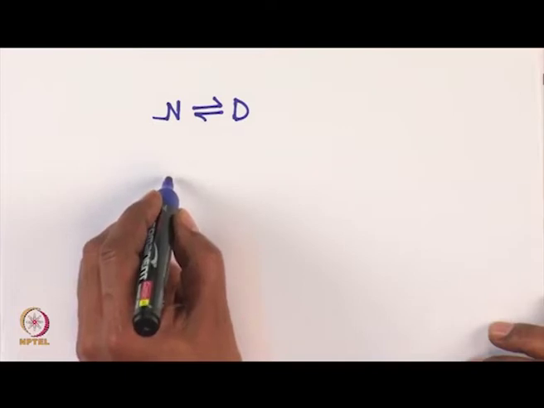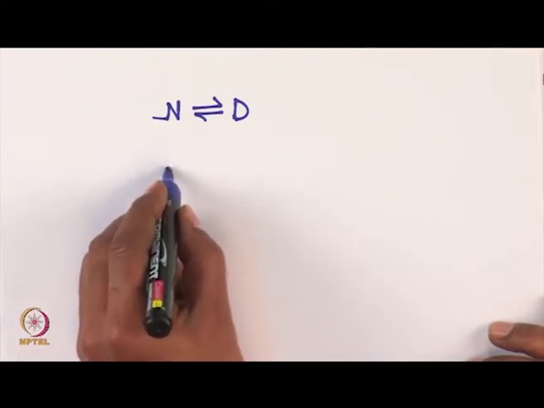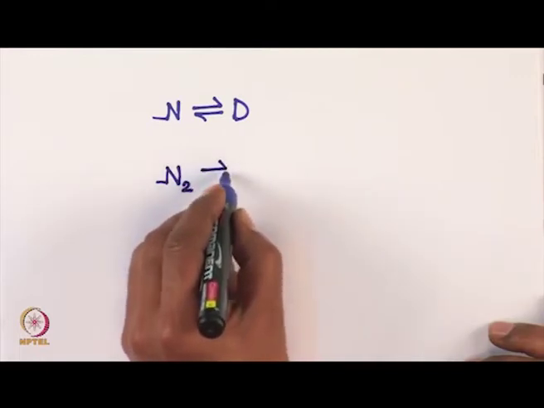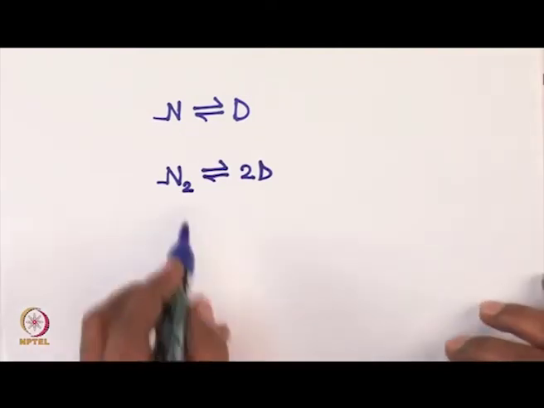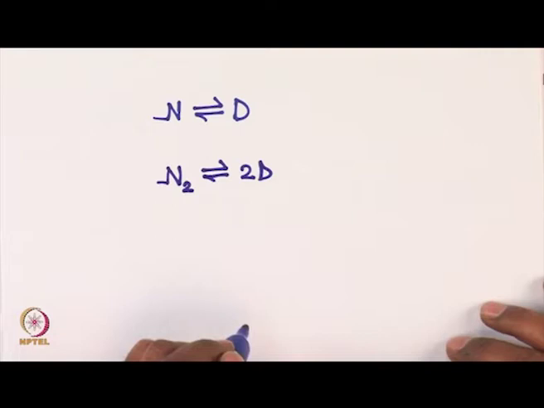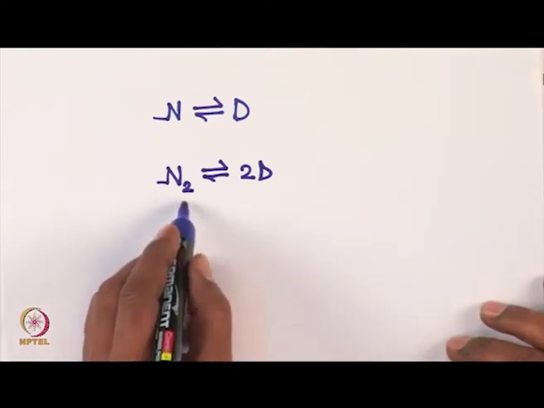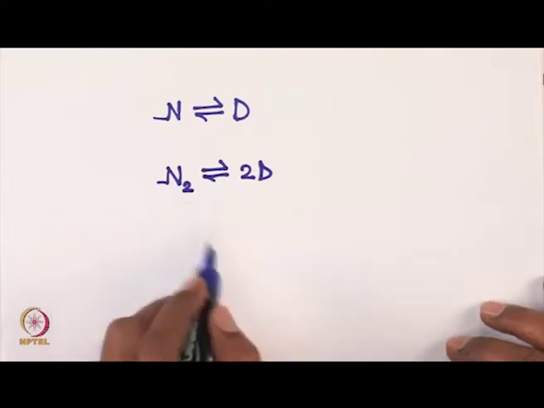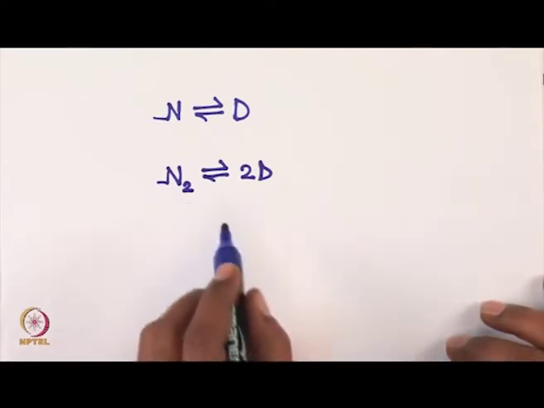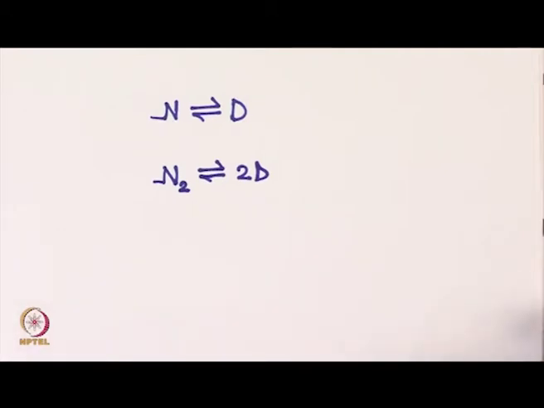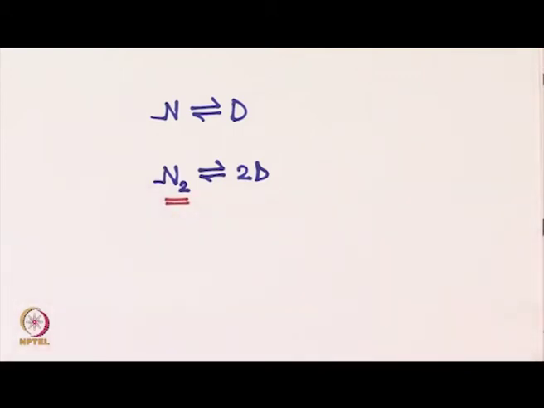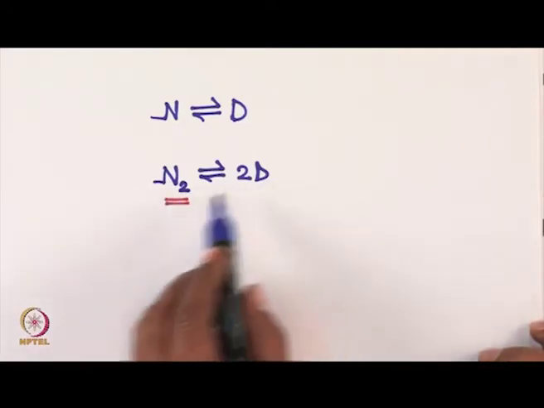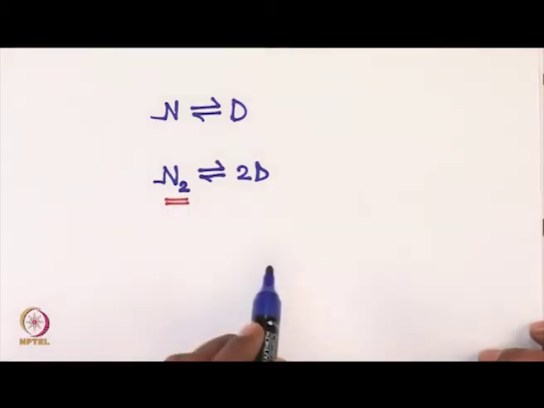Now, suppose my process is N2 going to 2D, and now if I increase the concentration of the protein, once again we are increasing the concentration of N2. According to Le Chatelier principle, the equilibrium should be shifted in favor of N2.